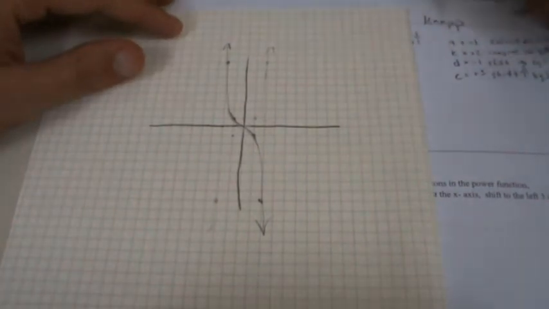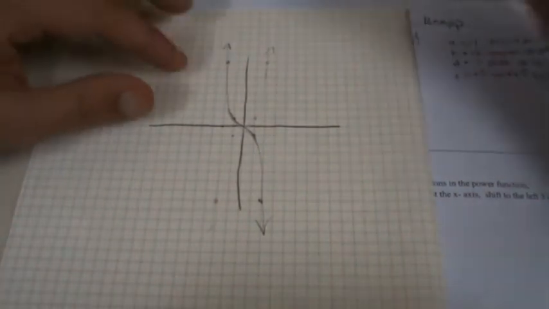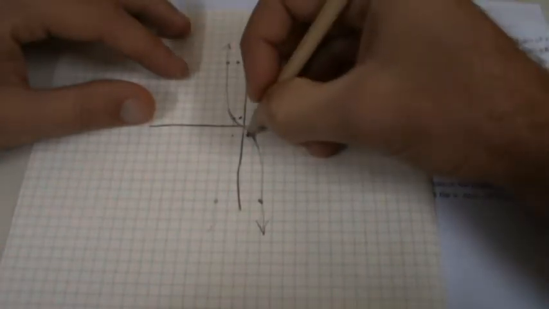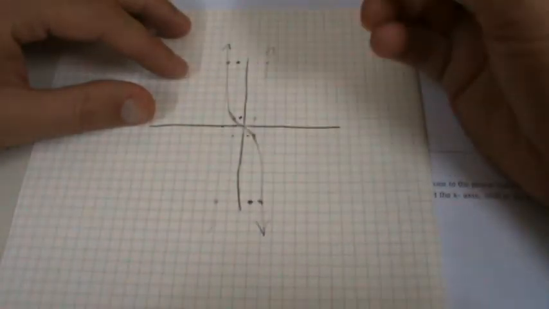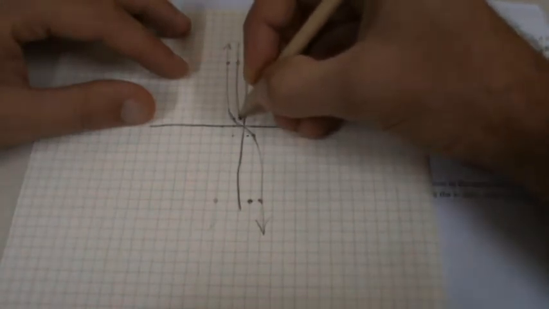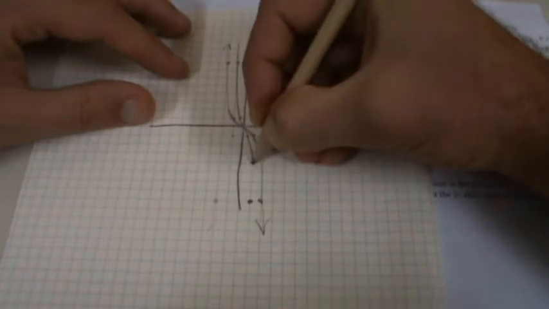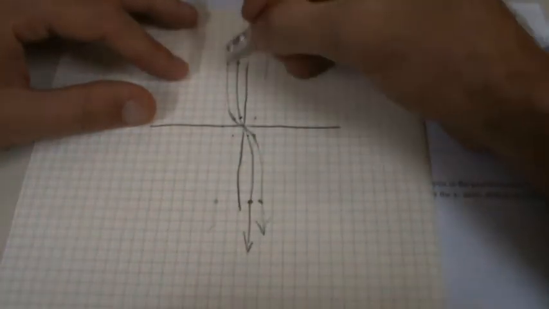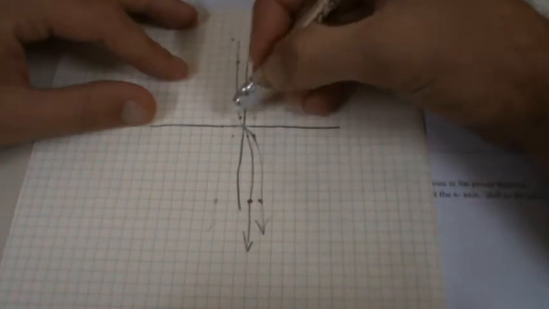Then the k value is compressed horizontally by 2. So that means everything gets twice as close to the y-axis there, like that. So again, I'll erase this one a little bit.